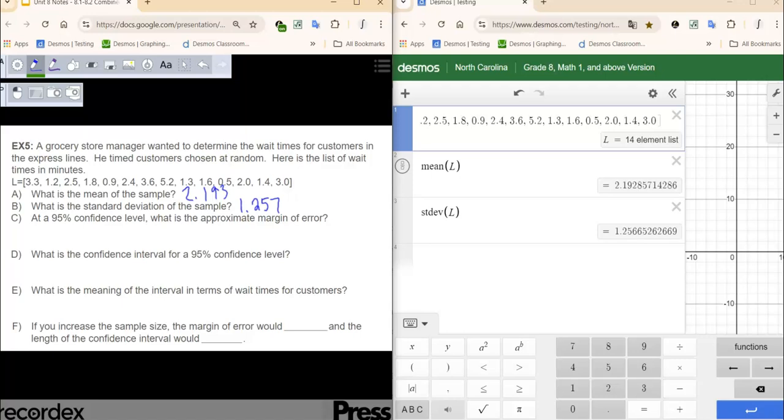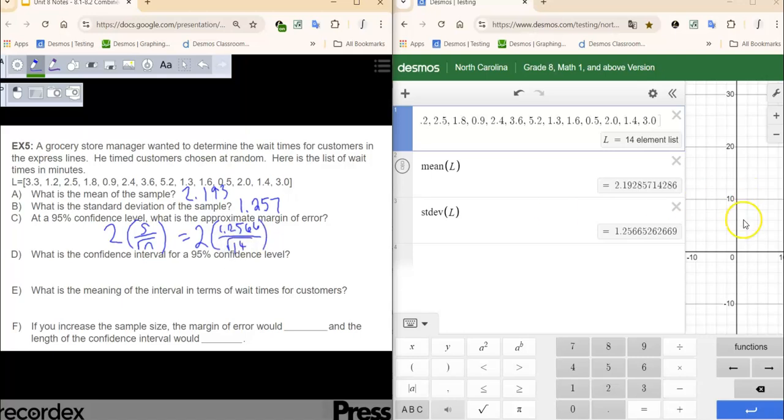So we're using that same formula over again, which is 2 times my standard deviation divided by my square root of my sample size. So for this problem, it's going to be 2 times that standard deviation, which is 1.2566. I'm going to keep that whole number and copy and paste it in the calculator, divided by the square root of 14.